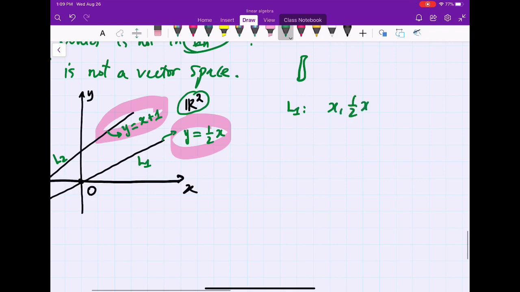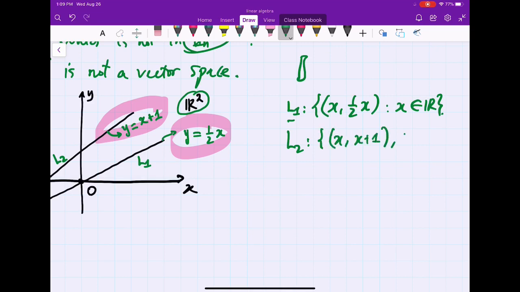Let me rewrite L1 as x, 1/2 x. So you might describe L1 as the set of all points (x, 1/2 x), where x is a real number, right? And L2 is what? It is all (x, x plus 1), where x is a real number.